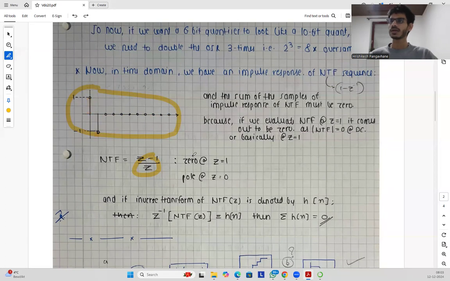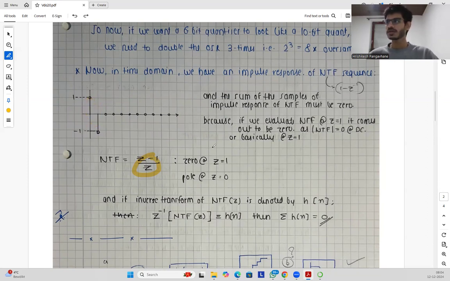The sum of the samples of the impulse response of an NTF must be 0. Why should it be 0? Because if we evaluate the NTF around DC, at z equals 1, it comes out to be 0. That means the magnitude is 0 at DC. Therefore, the sum of the samples should be 0.